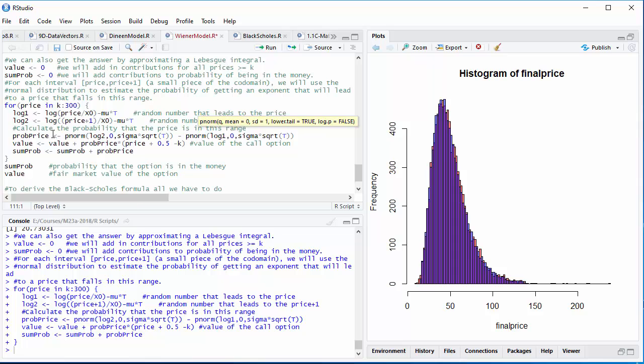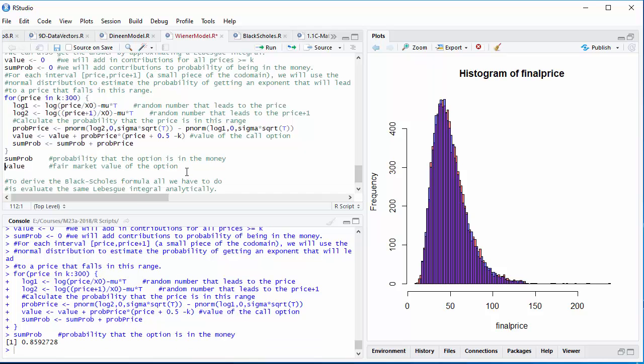That's the probability that the price is in between the value price and the value price plus 1. So all I do is add on to value this probability times the price plus 0.5 to be in the middle minus k. That's the value of the call option if the price is in the middle of the range.